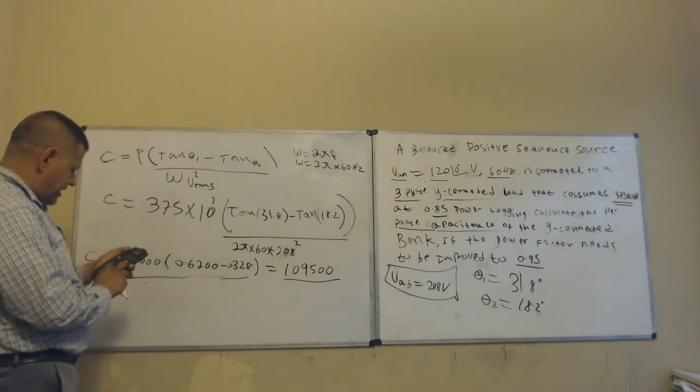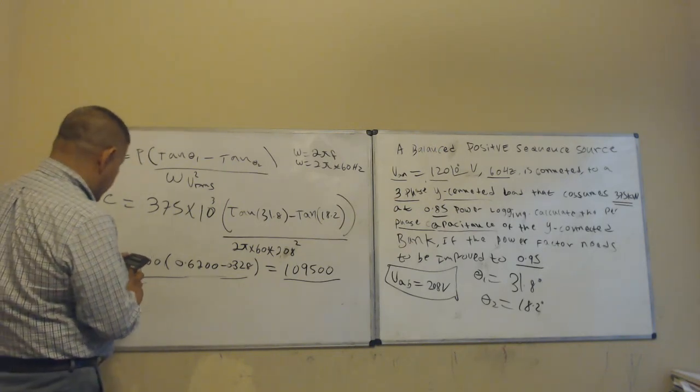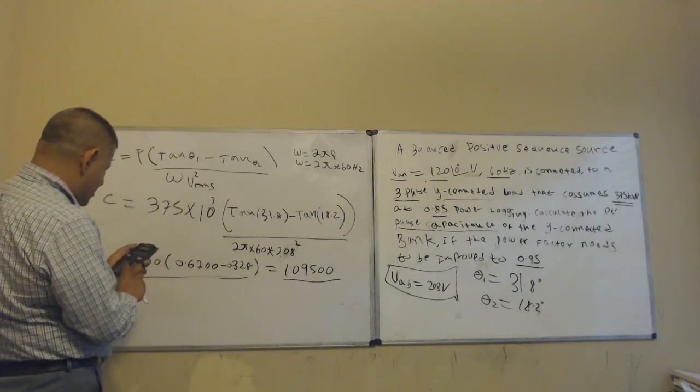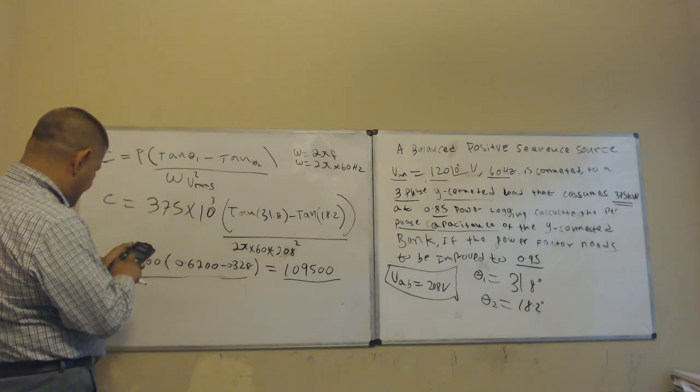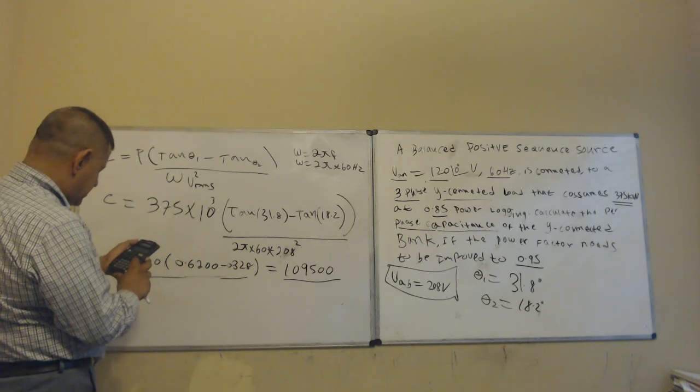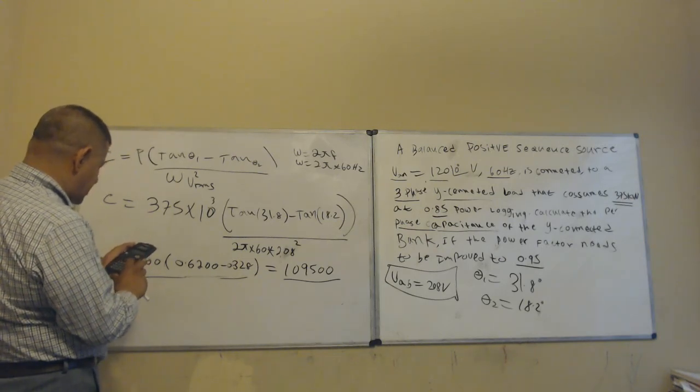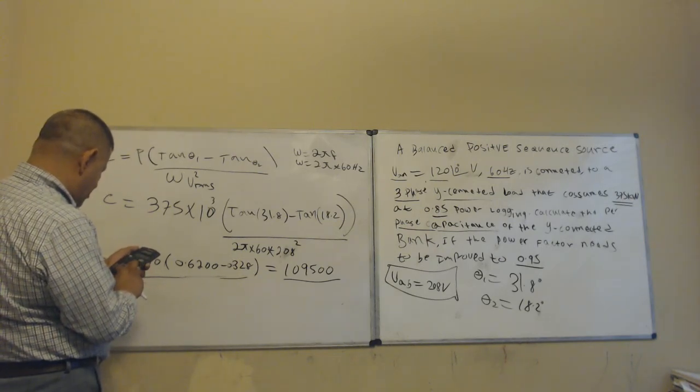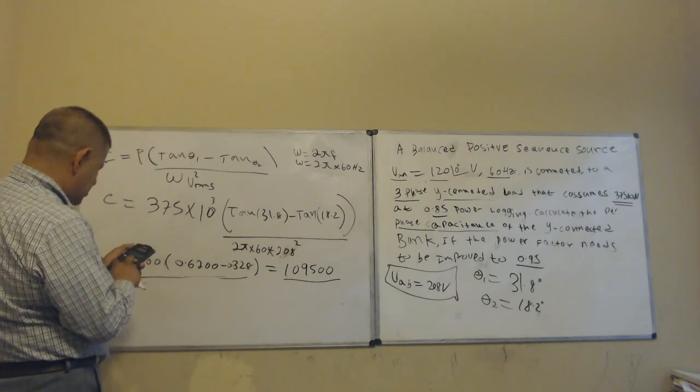Everything divided by 2 pi times 60 times 208 squared.